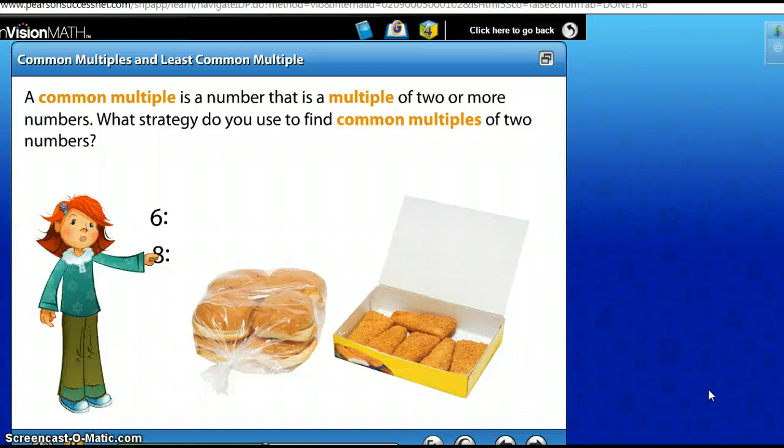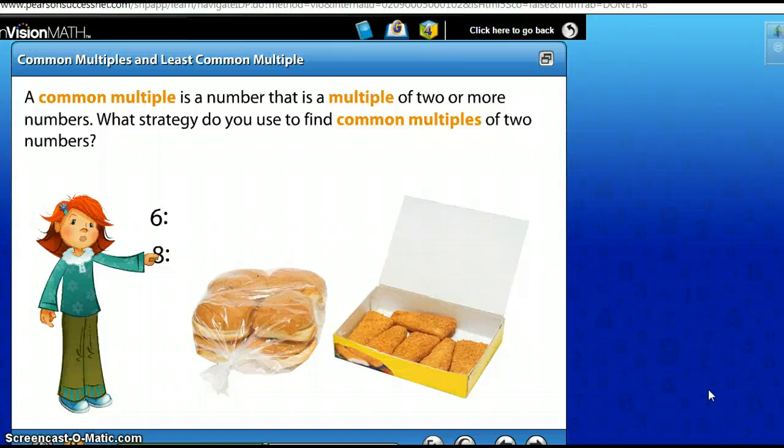What were those called? The numbers that we multiply together to equal 6, or the numbers that we multiply together to equal 8. What are those called? Not prime numbers. Factors. So we're not looking for factors, we're looking for multiples. So what are multiples?